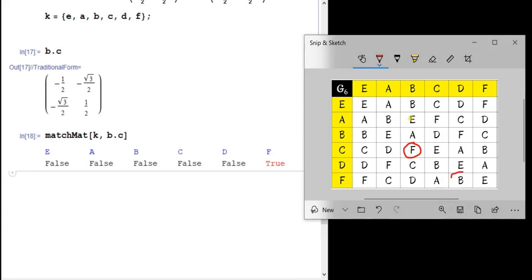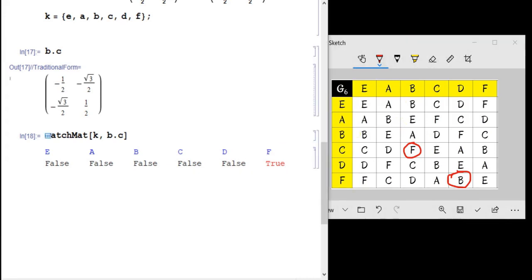Now let's take another example. Say if I do this, on the right hand side, if you see the group multiplication table, this B comes from D dot F. So what I have to do here, I just copy this and paste it here.